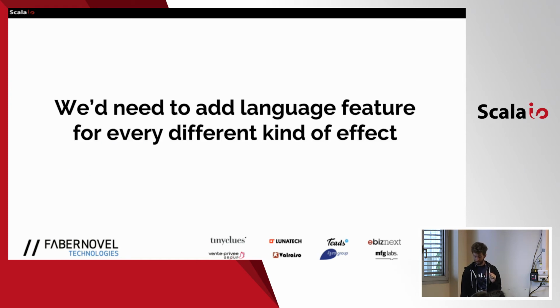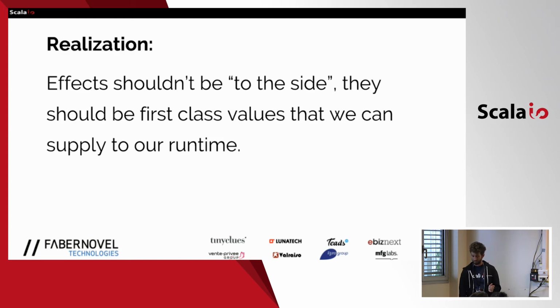So let's try something different, because we don't want to add a new language feature for every different kind of effect, because most of these have already been solved in a way. But I'm going to try to derive the solution step by step. So what we want is that our effects are not happening to the side, right? So we want to separate them.